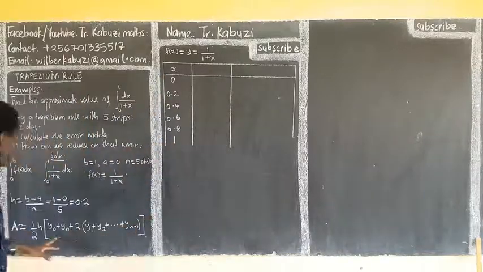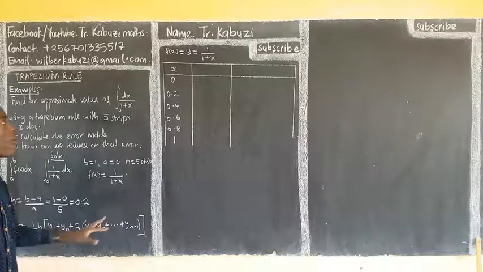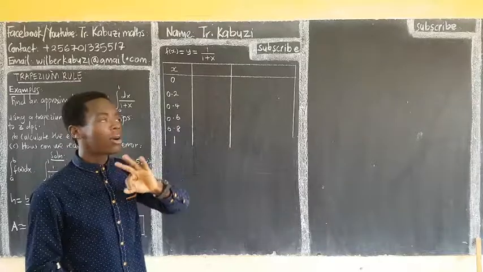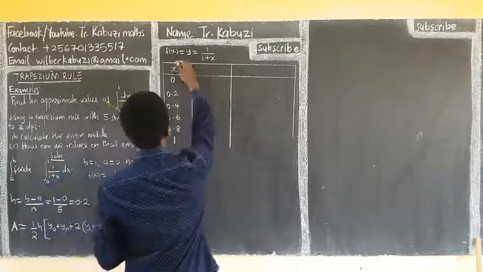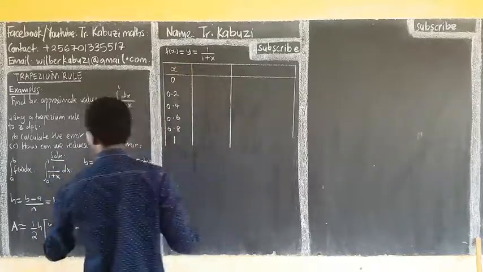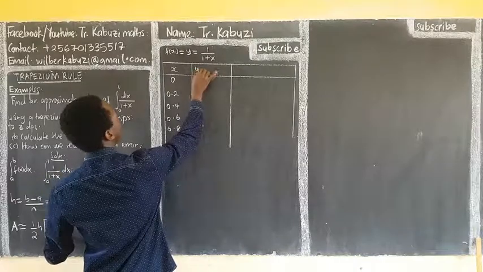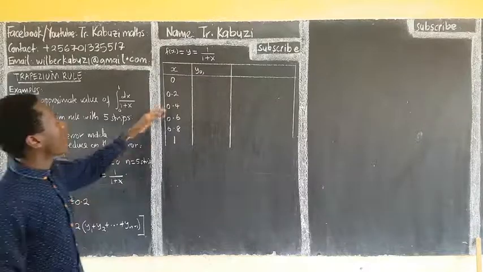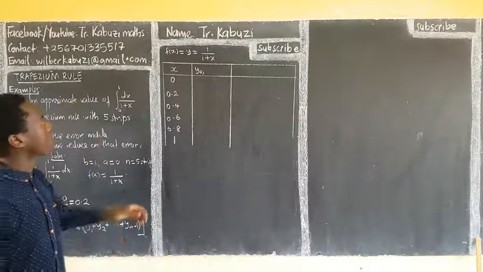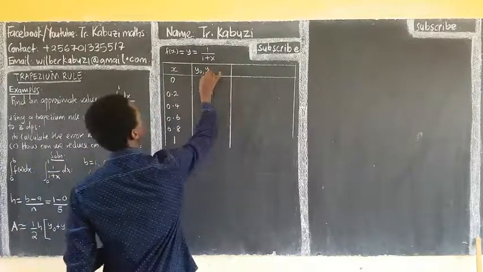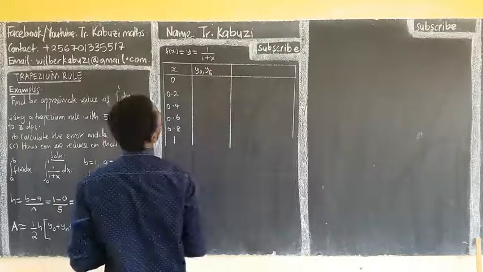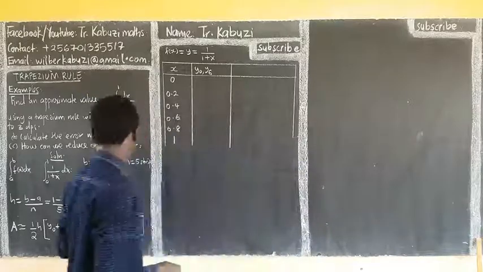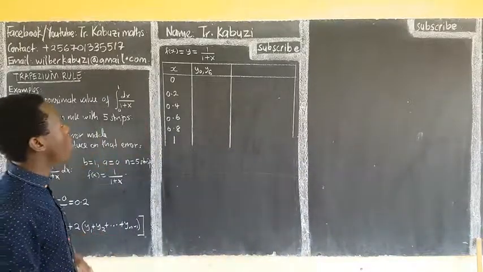The first and the last are always going to be in this table. Now we draw a table of 3 columns. In the first column we put the x values. In the next column we put the first value y0, then the last value yn. So our n is going to be 6, so this one is going to be y6, or some people put it here.